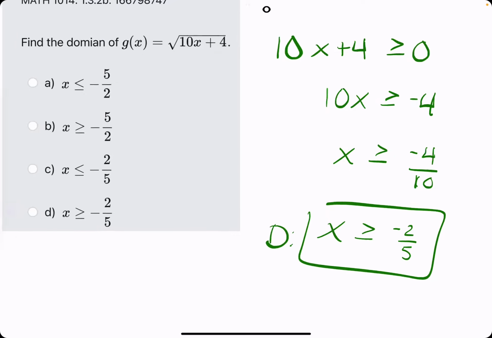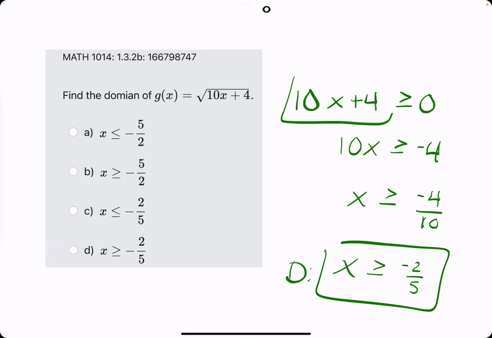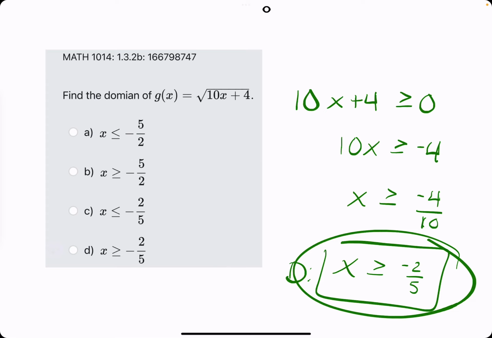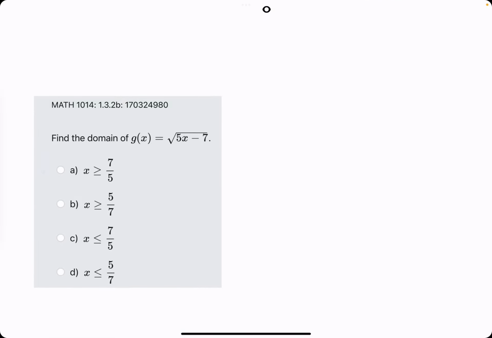This is the set of x values that makes this expression, 10x plus 4, greater than or equal to 0, which means that these are the x values that would produce proper, defined function values for this function. All right, so x greater than or equal to -2/5 looks like option D, and that's it. Let's do one more.